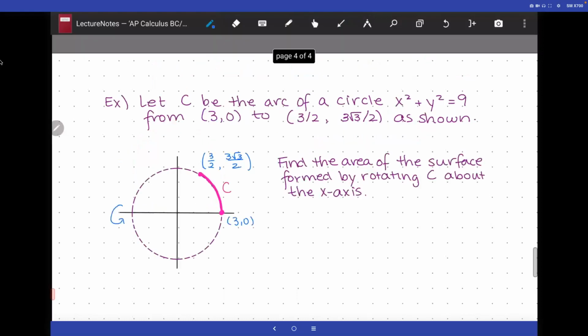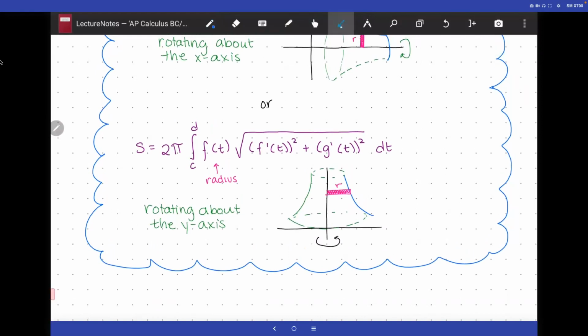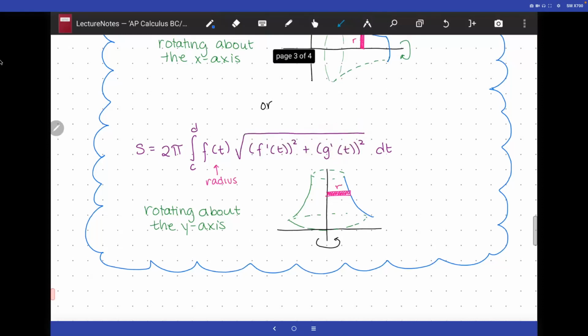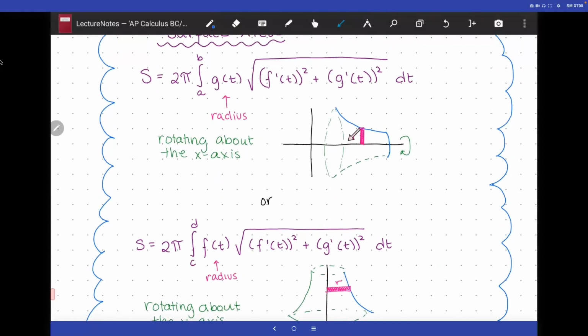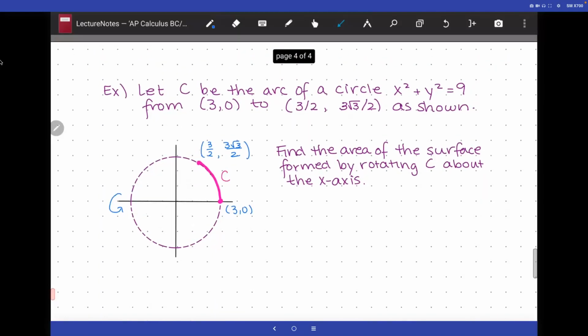Yeah, we're not actually going to find the whole arc length, but we have to do this square root thing. And I should be looking at this one because we're rotating about the x-axis. So I'm going to have to find f prime of t, square it, x prime of t, square it, add them up, see what we get. So what's f prime of t?